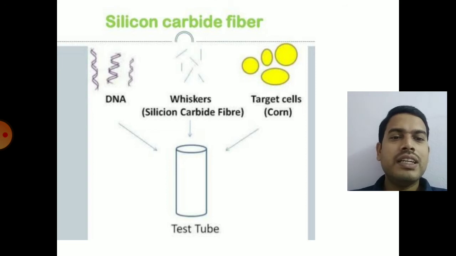You can see in that diagram, a test tube containing whiskers and your foreign DNA along with your target cells has been taken, and continuously this test tube will be agitated. During the process of agitation, the foreign DNA with the help of whiskers will enter into your target cells.